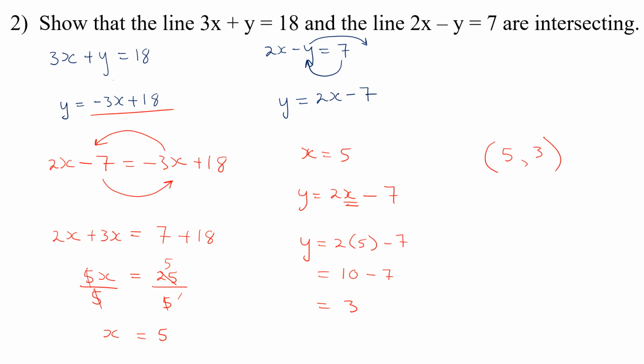But one of the questions you could get is to prove whether the lines are intersecting and perpendicular, or if it's just intersecting but not necessarily perpendicular. Because remember, a perpendicular line is also an intersecting line. The only difference is that when you have a perpendicular, they intersect at 90 degrees. But that's not the only way you could intersect. You could intersect without forming a 90-degree angle, naturally, right?